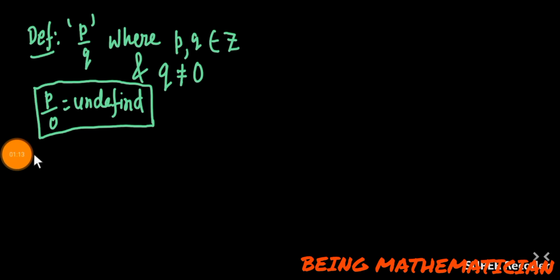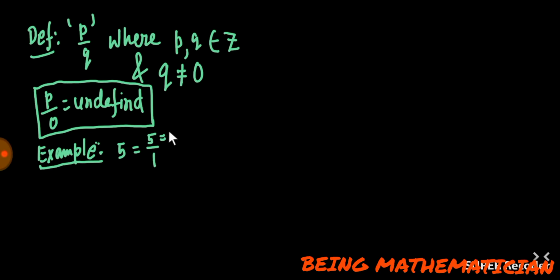Now, examples of rational numbers are like this. Five can be expressed as 5 by 1. So here P is 5 and Q is 1.